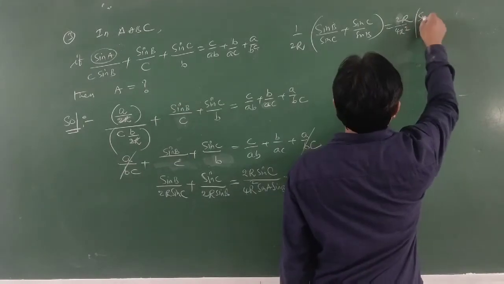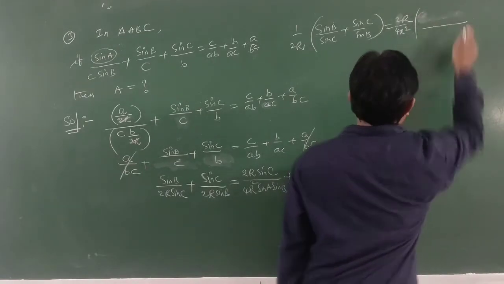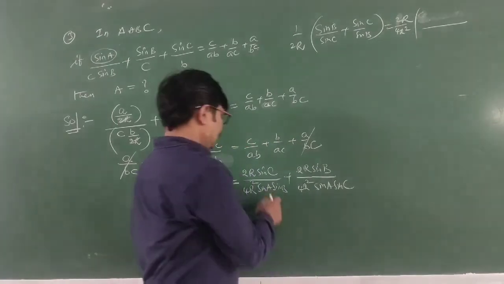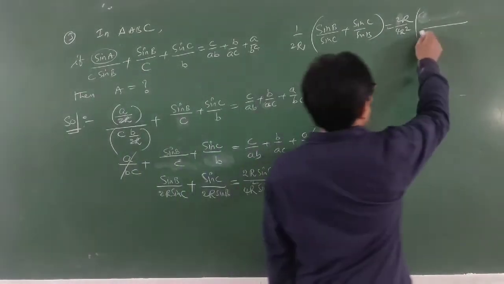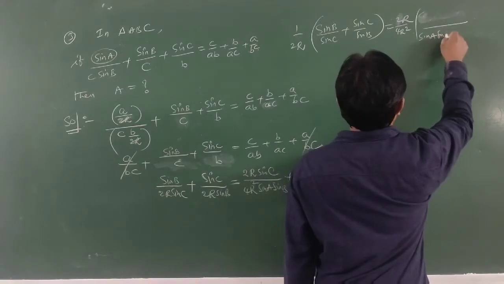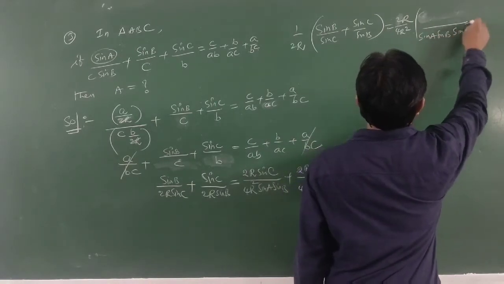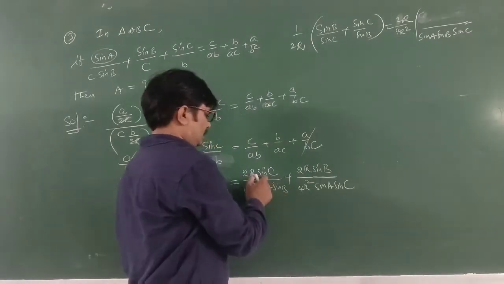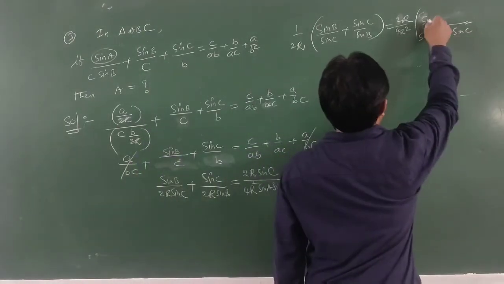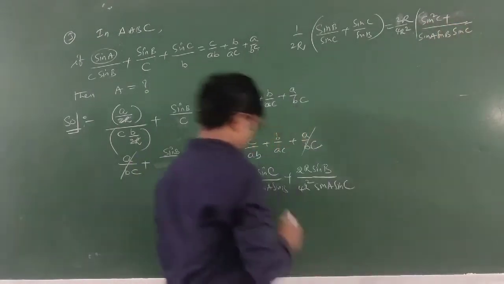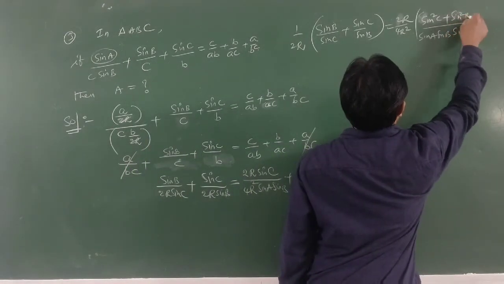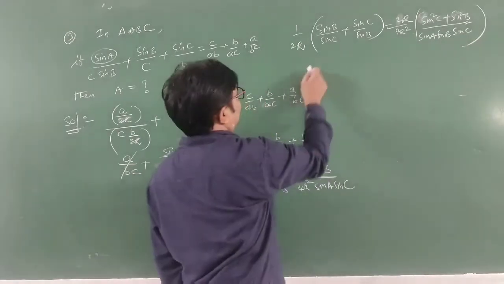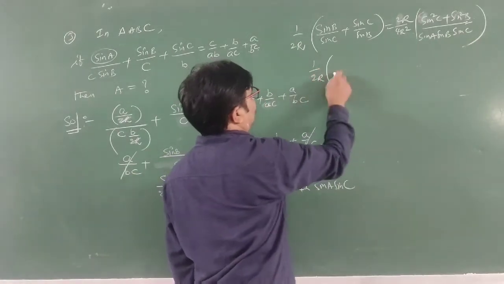Also we are taking the LCM, sin A into sin B into sin C. A B terms are cancelled. This is sin square C, and this is sin square B. Okay students, now what is there? 1 by 2R.